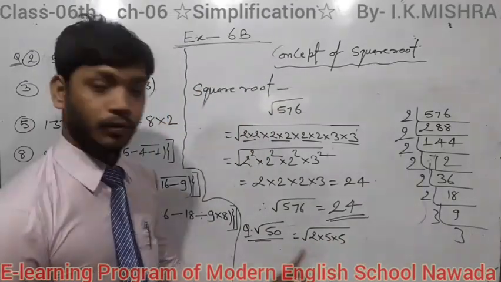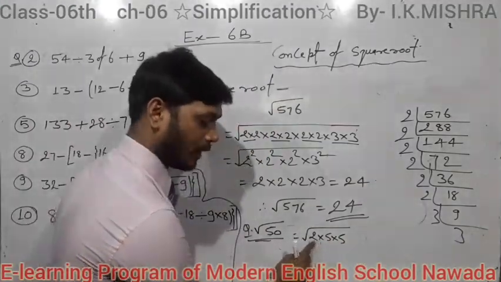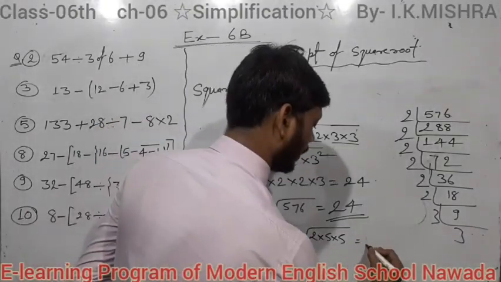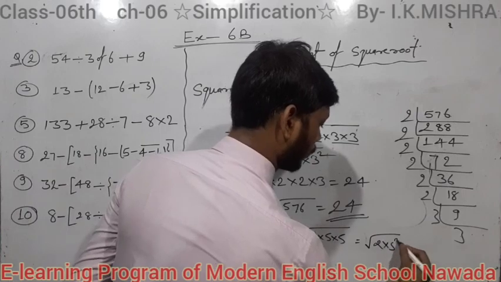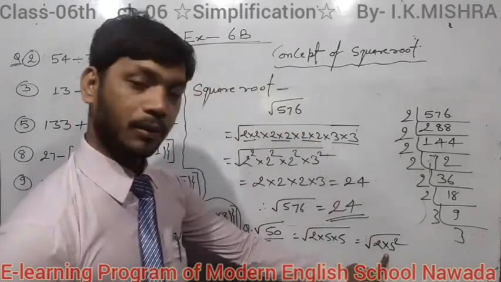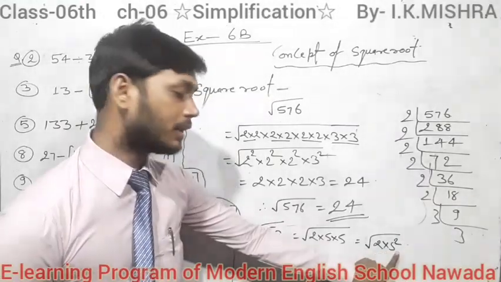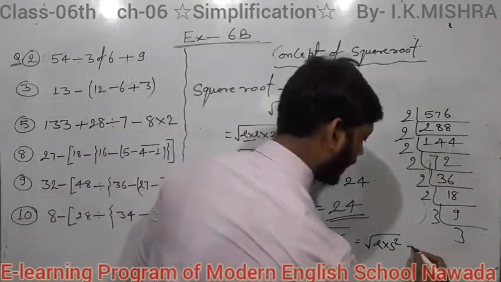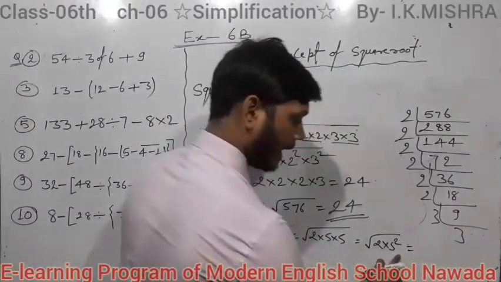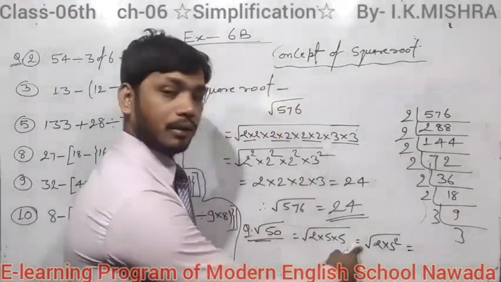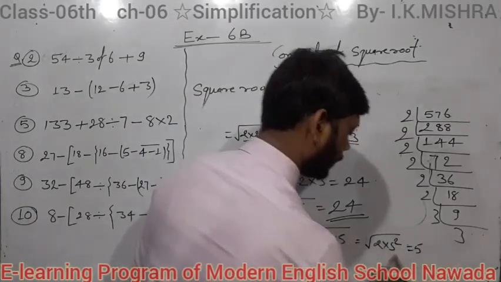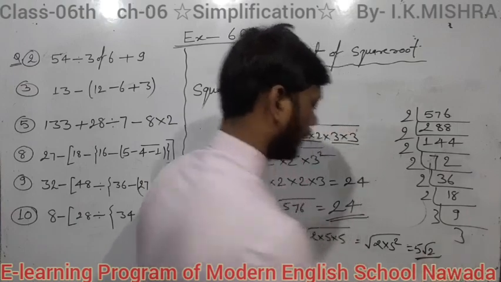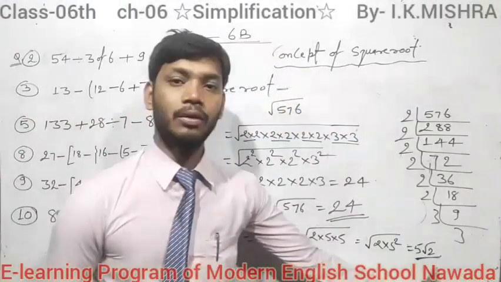Students, observe there is no pair of 2. It will be written under root 2 into 5 square. Here only 5 is a square, but 2 is not a square. So 5 comes outside the square root, and 2 has no square. So the square root of 50 is 5 root 2.